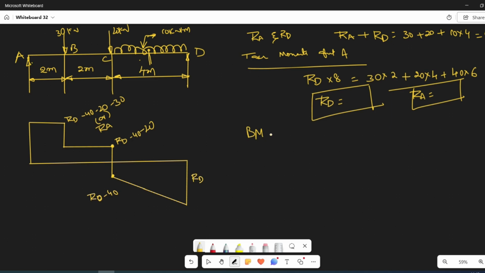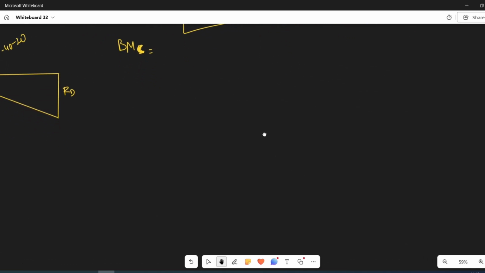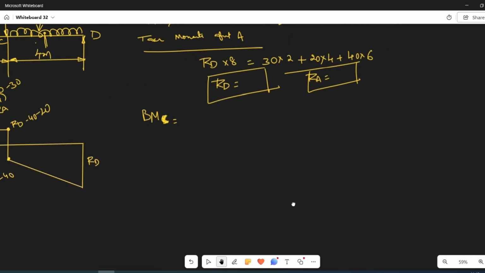at A and D. Let us come right. So at point C, the bending moment is given by, okay, so the forces are like this.